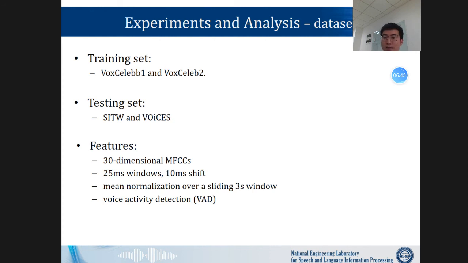All experiments are conducted on the SITW and VOiCES datasets. In order to increase diversity in channels, environmental noise, and so on, data augmentation techniques, including adding noise and reverberation data, are applied to make our proposed methods work better.